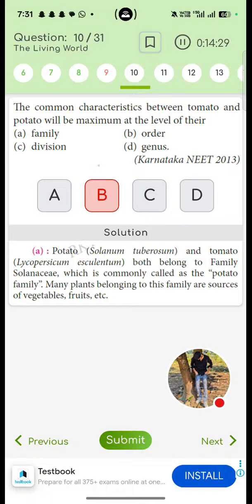Many plants belonging to this family are sources of vegetables, fruits, etc.